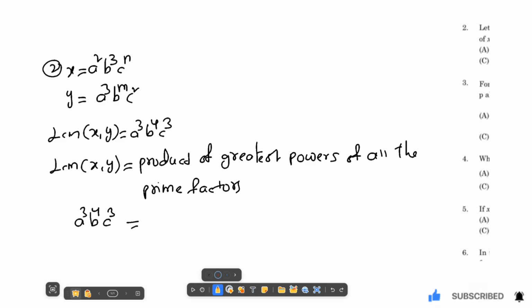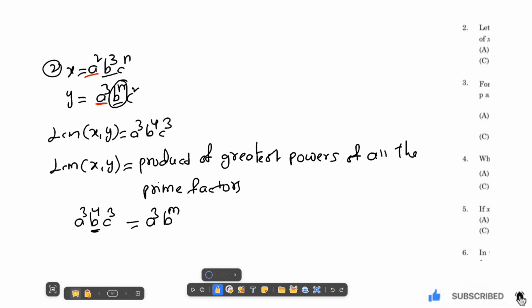Now the product of greatest powers of all the prime factors. Here we have a square and a cube, so a cube is greatest. So we can write here a cube. And in b it is b cube and b power m. Here we don't have b cube, right? We have b power 4. That means definitely this value will be b power 4, so this is b power m.